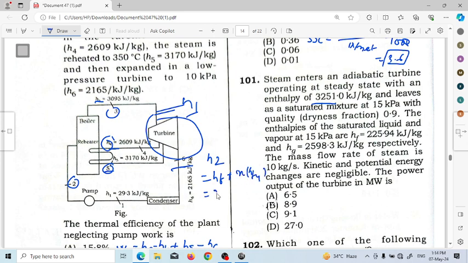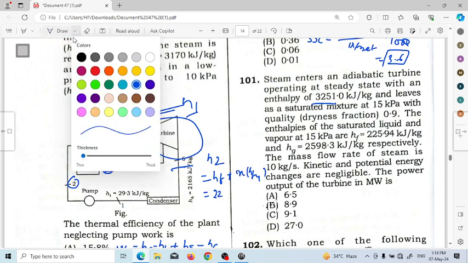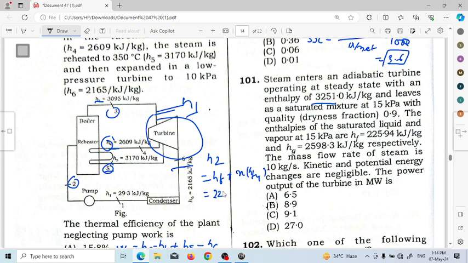So Hf given 225.94 plus x given 0.9, and Hfg is equal to Hg minus Hf, which is 2598.3 minus 225.94. So calculating, we get H2 equal to 2361.06.